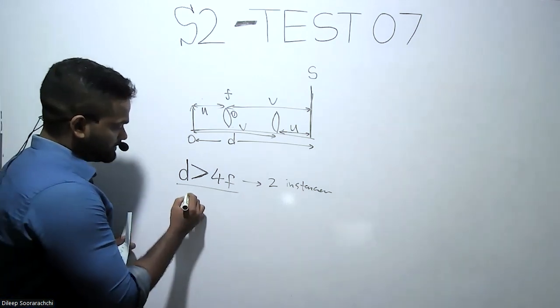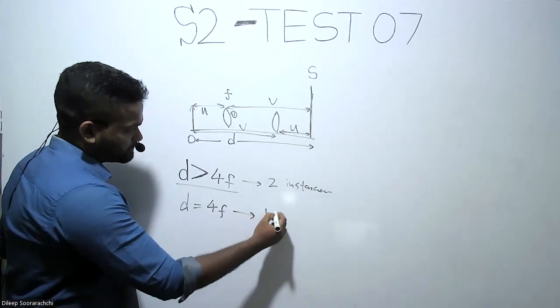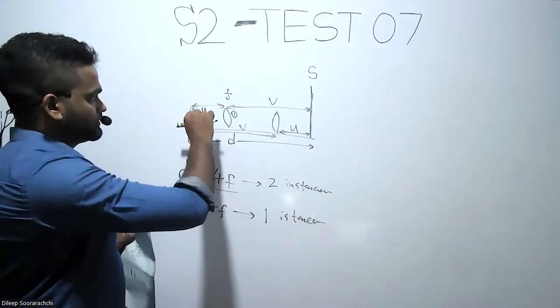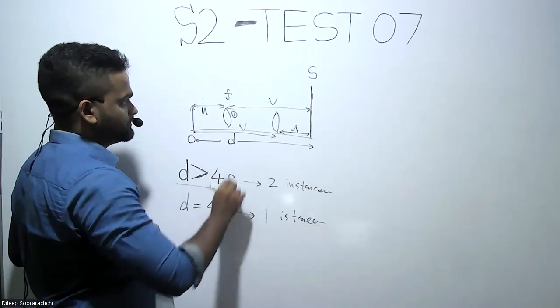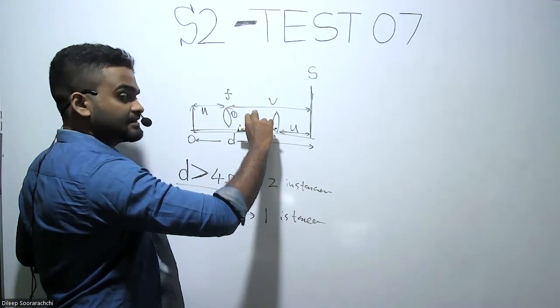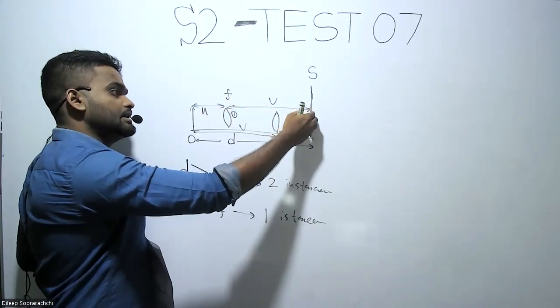The other one is if D equals 4f, there's only one instance. So if D equals 4f, you can only place the lens at 1 position. There is no other position that creates an image on the screen.